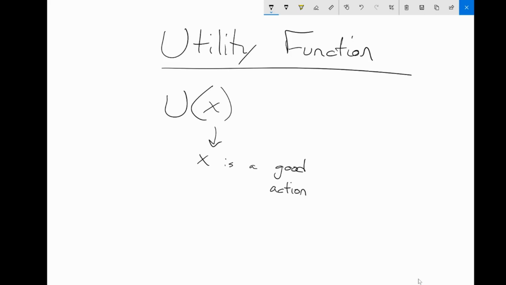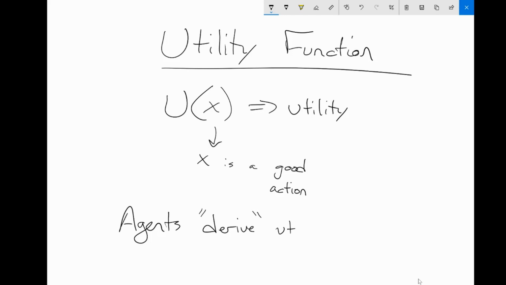This utility function determines the amount of utility that you get from that good by consuming that good or completing that action. And so we would say that agents derive utility from x.